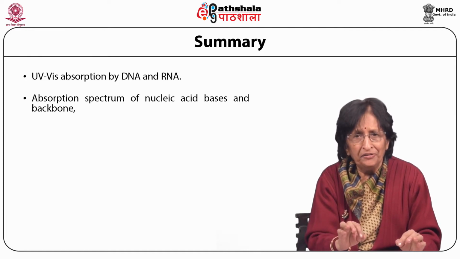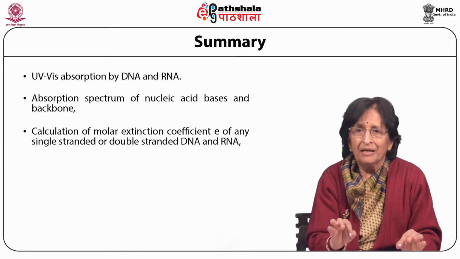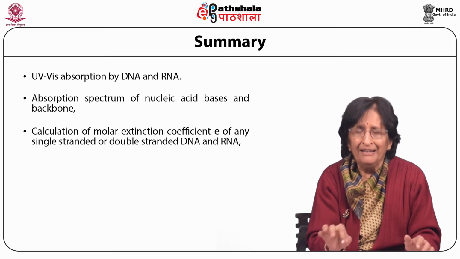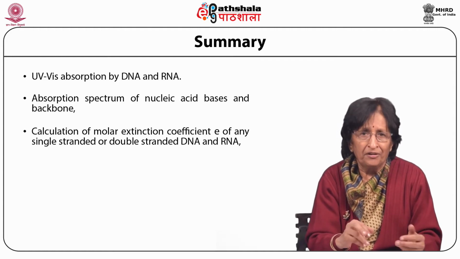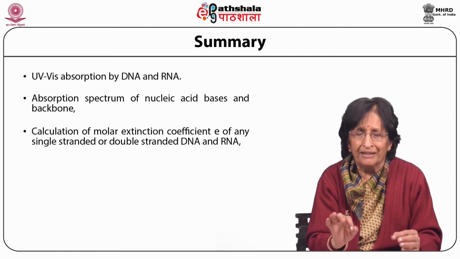We have also given you the calculation of the molar extinction coefficient epsilon of any single-stranded or double-stranded DNA and RNA, and given some references where you can find calculators online, because it is very important to know the correct value of epsilon.